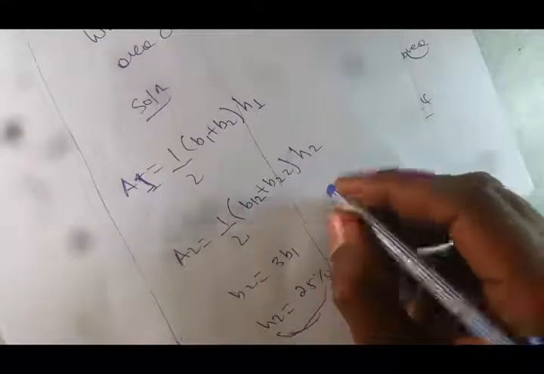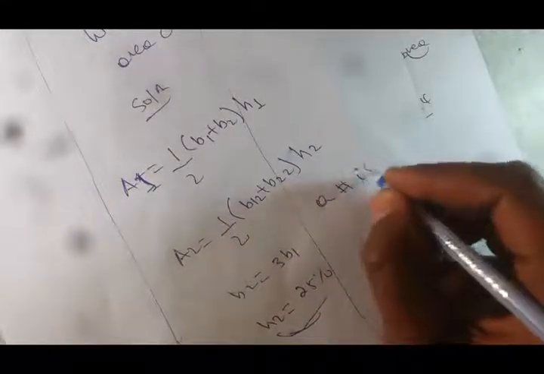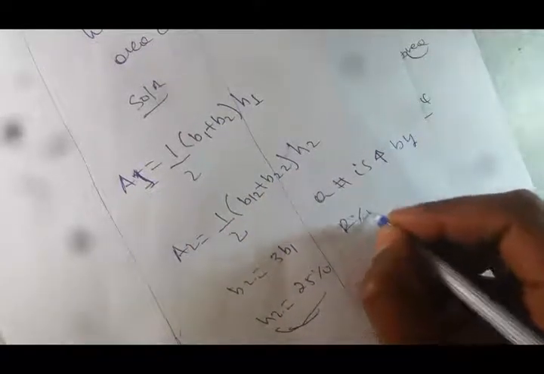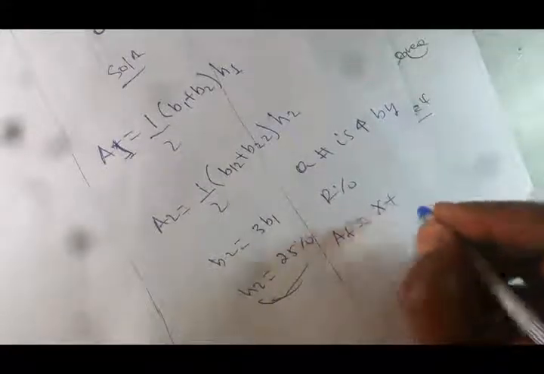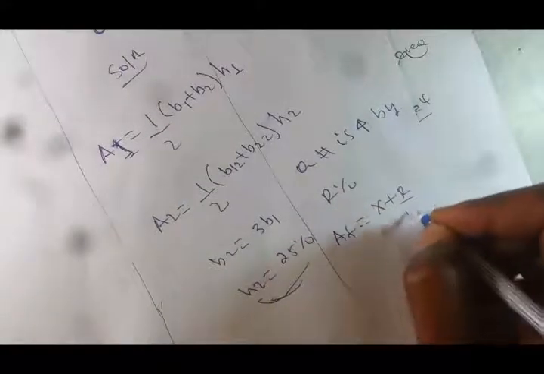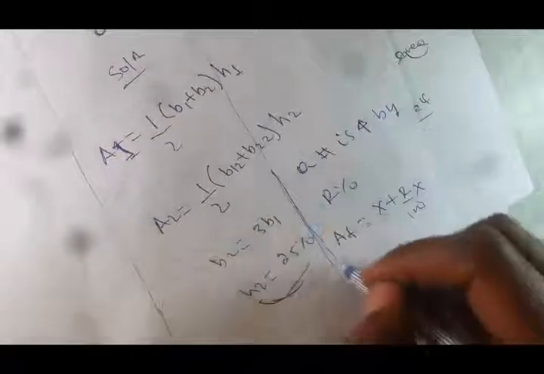Whenever you are given a number that is increased by R%, it means A final is equal to, let's say, a number x plus R over 100 of x. You have to use this formula.